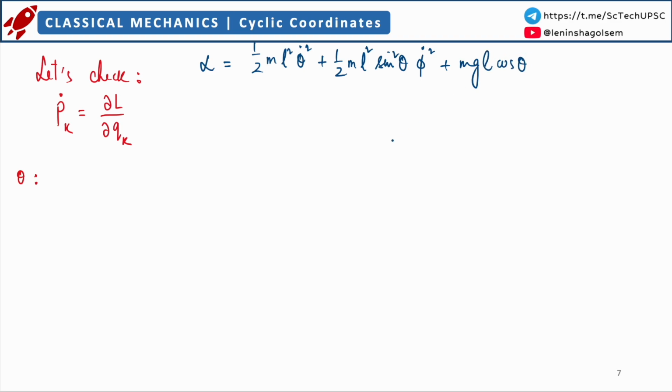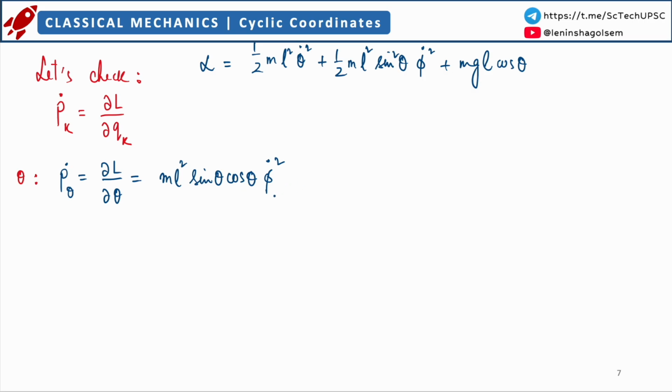For theta, del L over del theta we can calculate straight away. It gives us ml square sine theta cos theta phi dot square.